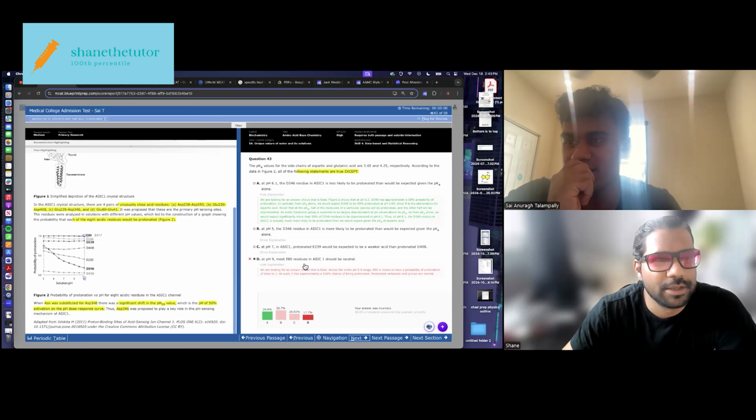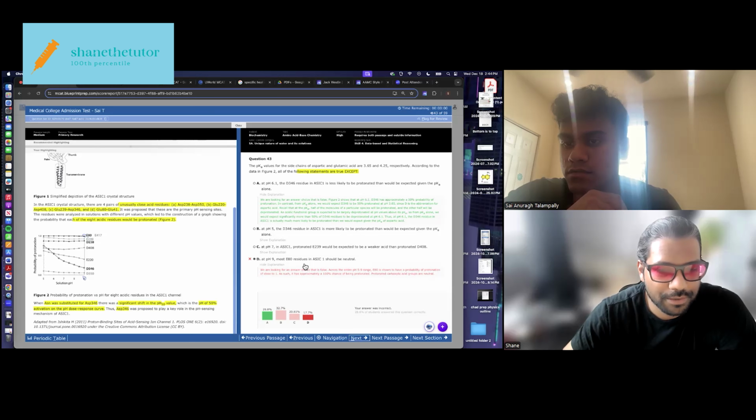Okay, I see what you're saying. You're saying that if the side chain gets protonated, you would make that side chain have a neutral charge. That's right. You're right.